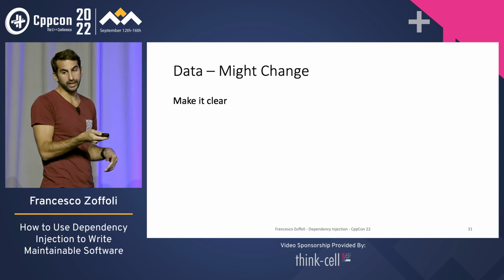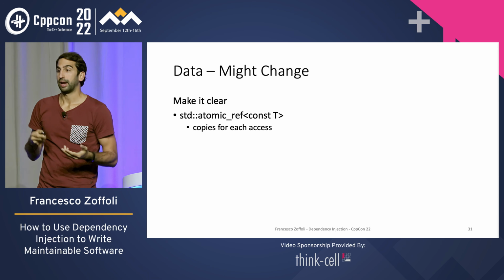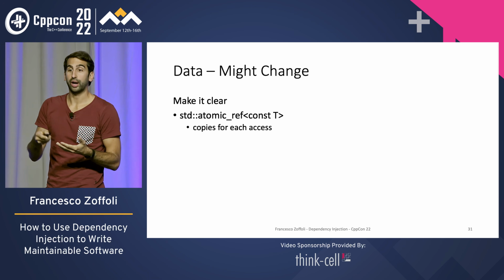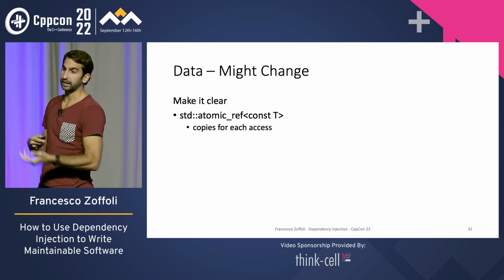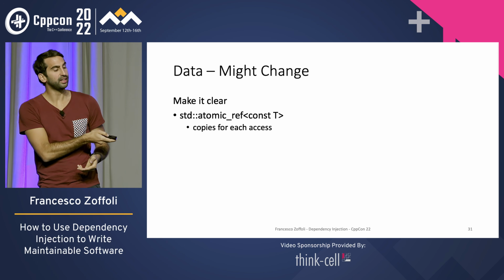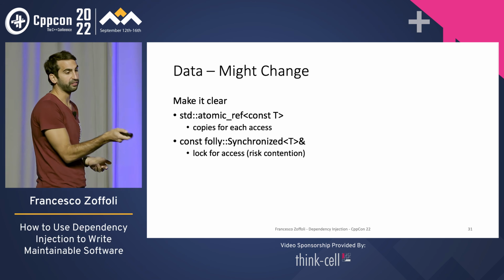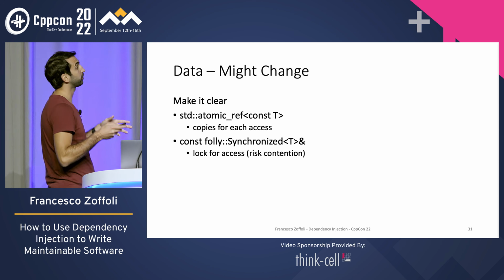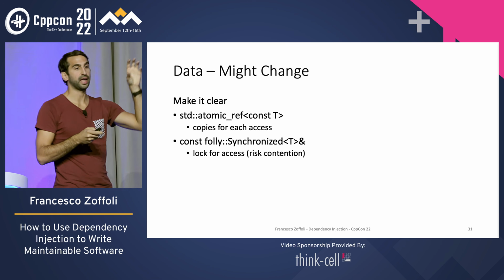And to do that, you want to make it clear. So you can use an atomic ref. These has some requirements of the type that you can use in the atomic ref, and also copies at each access. The other option is to use a fully synchronized. A fully synchronized is a data class which puts together a mutex and the payload.